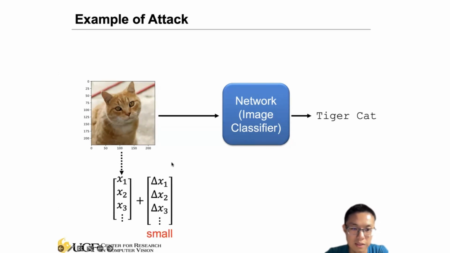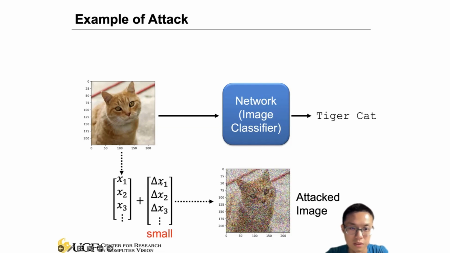And now the idea here is that we want to add a small noise or perturbation. So here we can put this image as a large vector, these are the pixel values. And we add some small changes or perturbation, so this delta here, to the original input. And we generate this attacked image, okay?